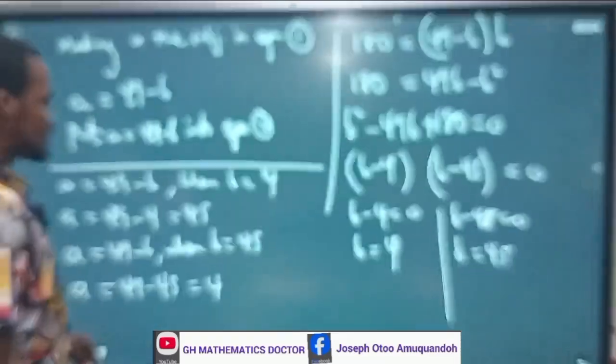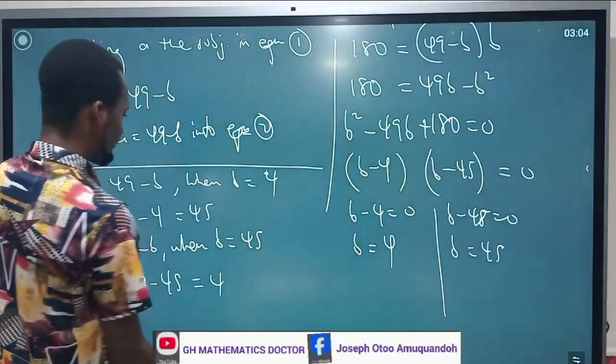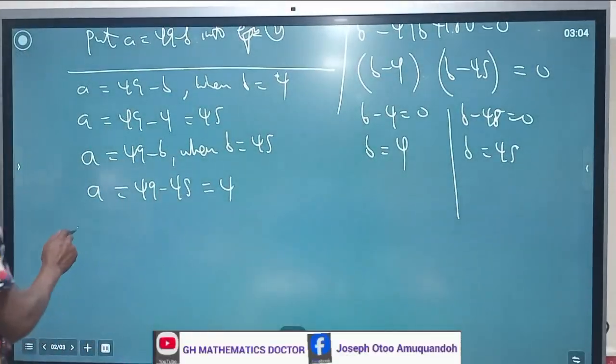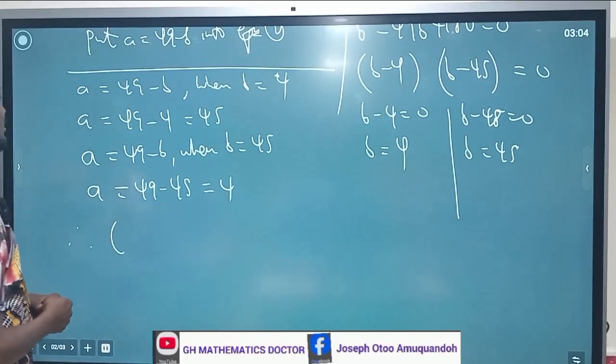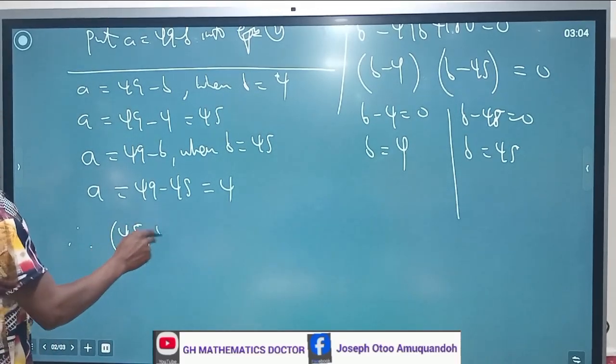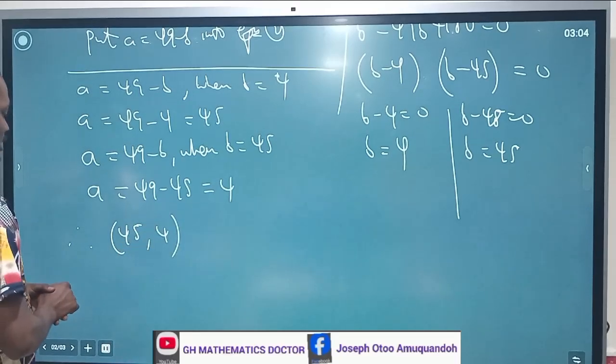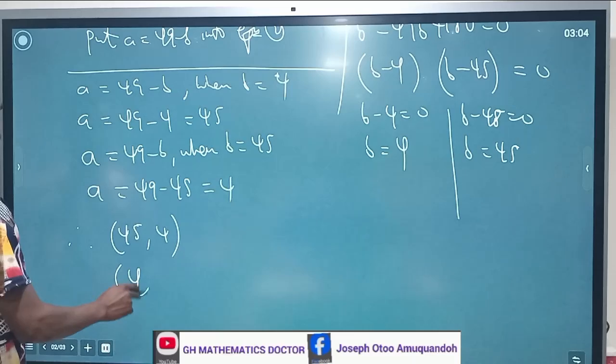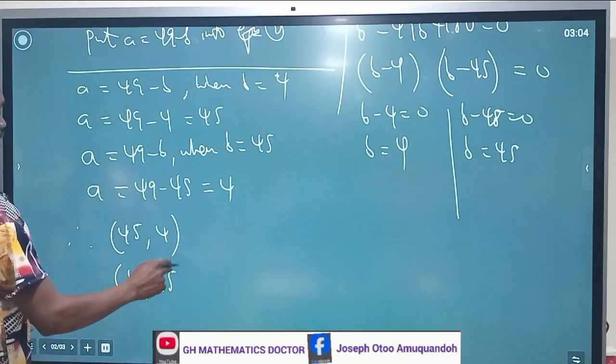So our final answer, we are going to say that, therefore, when A is 45, B is 4 for the first answer. And also when A is 4, B is 45 for the second answer.